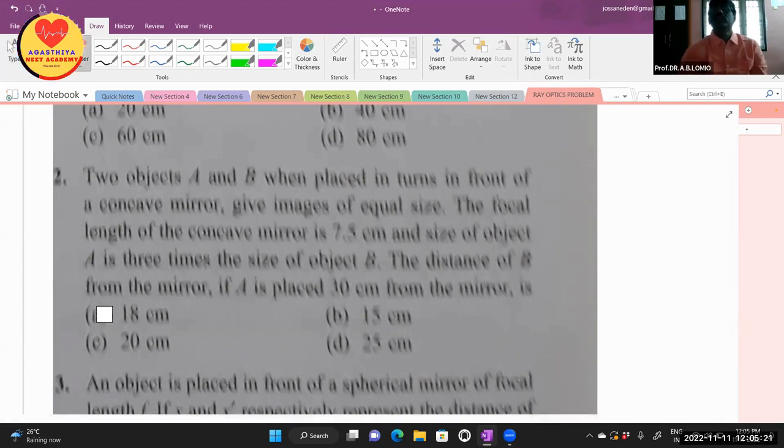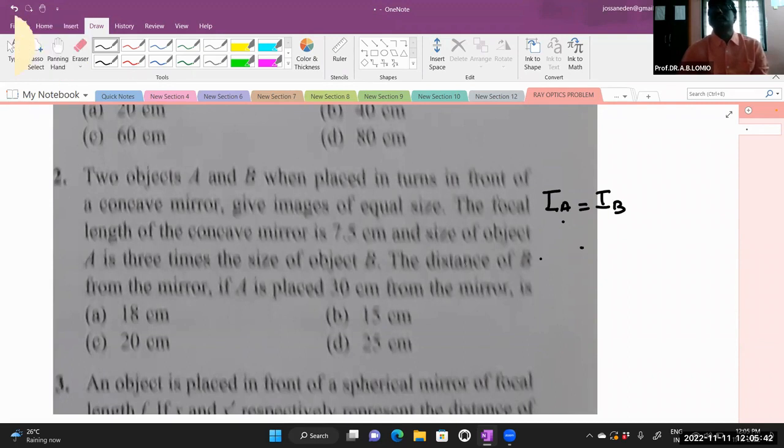Let us represent the image as I. Image of A is equal to image of B. That's the first condition. The focal length of the concave mirror is 7.5 centimeter.